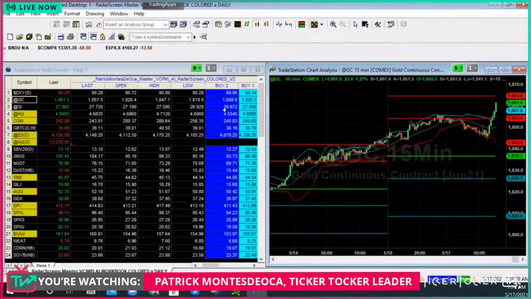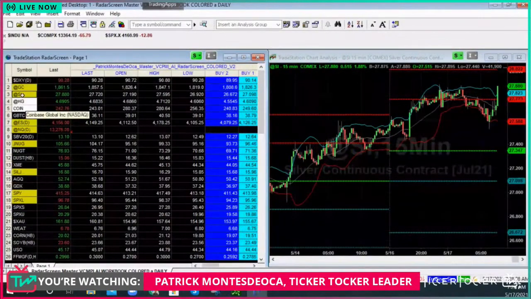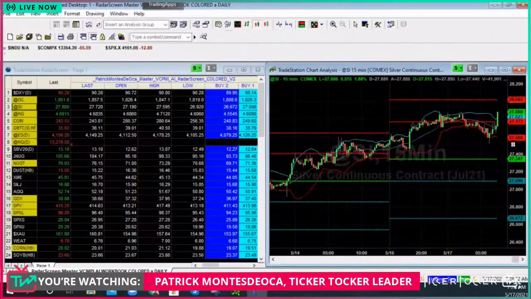More buyers coming in here, so it looks like the market is supported up here. Silver is into the zone between the sell 1 sell 2 level, and 2802 is the next target for silver.